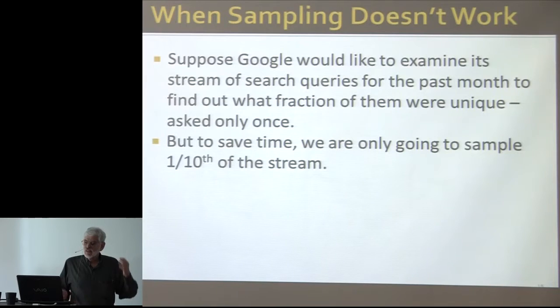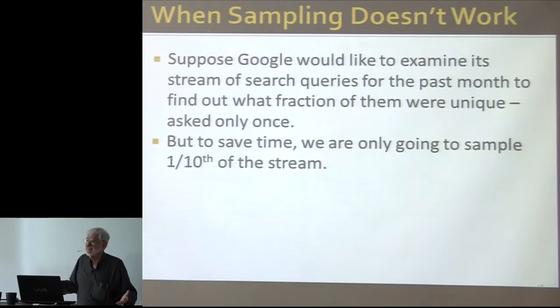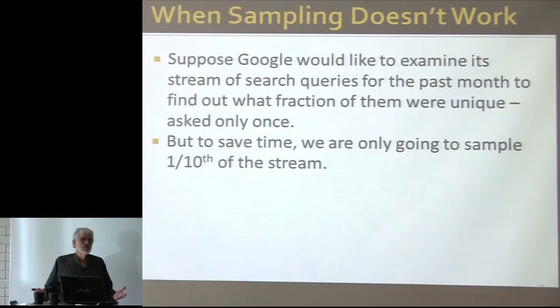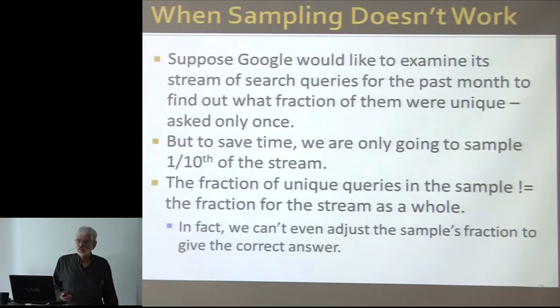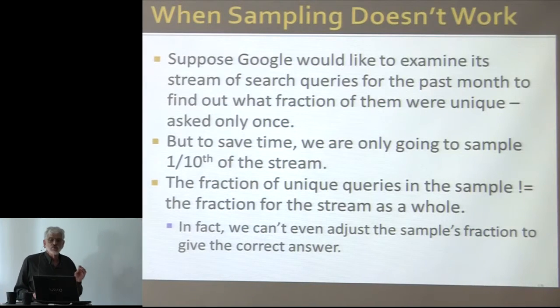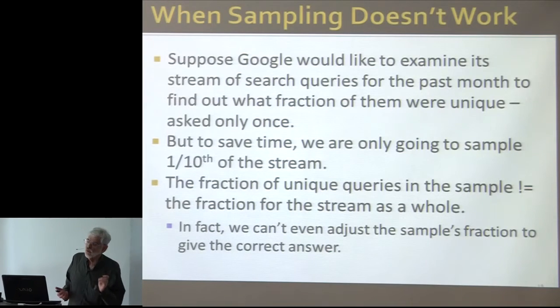So let's say we'll sample 1/10 of the stream, and then we'll just multiply the answer by 10. Okay, does that work? No. The trouble is that the fraction of queries that are unique in the sample is not going to be the same as the fraction that appear in the whole stream.